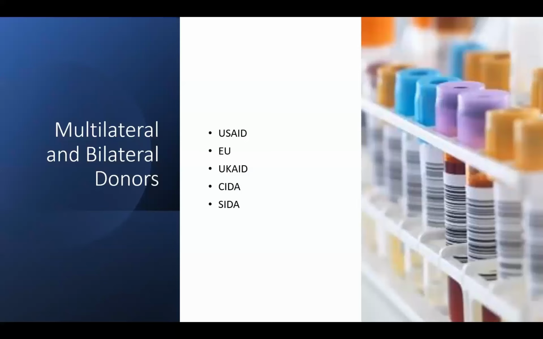The other group of funders, just as part of the introduction and in general, is what we're calling multilateral as well as bilateral funders or donors. The multilaterals will include USAID, the European Union; UK Aid is a bilateral, CIDA, the Canadian International Development Agency, SIDA, the Swedish International Development Agency, and others.